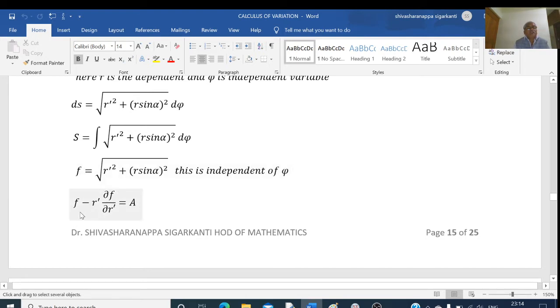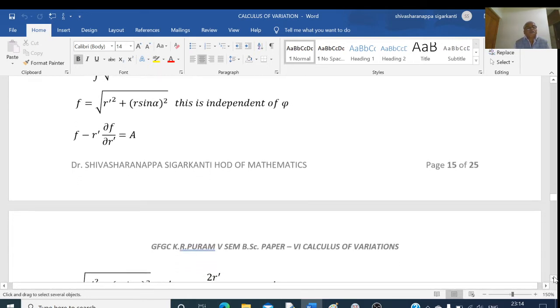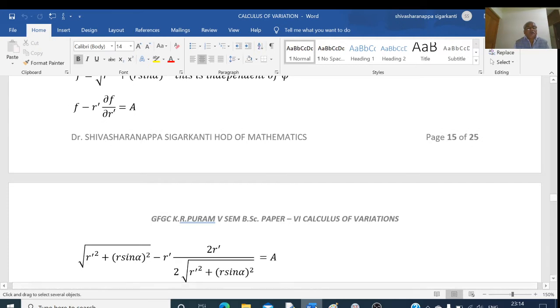So we write this as f, the root of r dash square plus (r sin alpha) square, minus r dash into dou f by dou r dash.